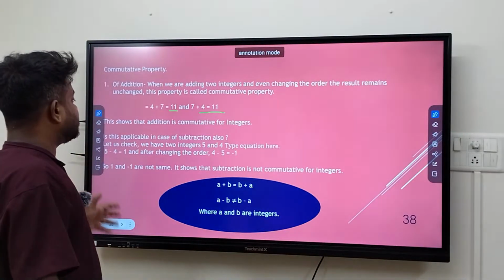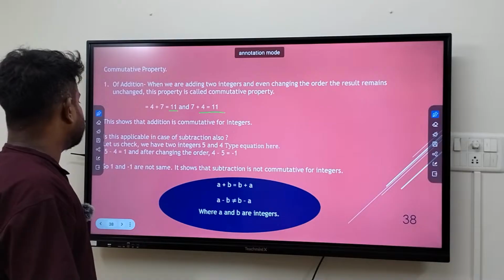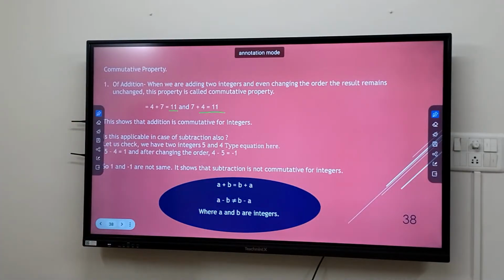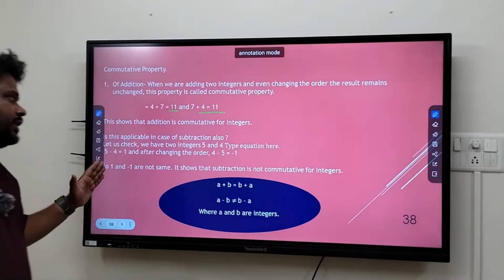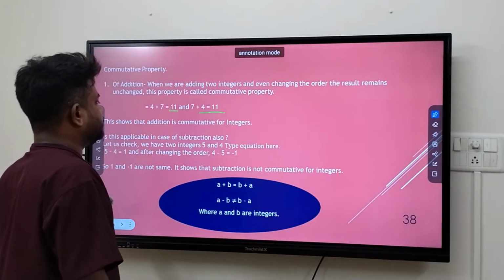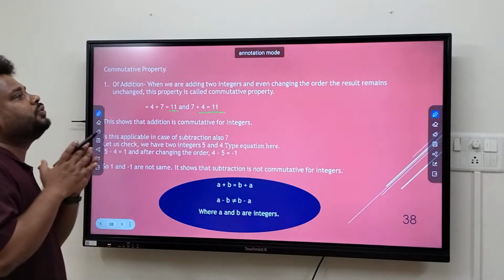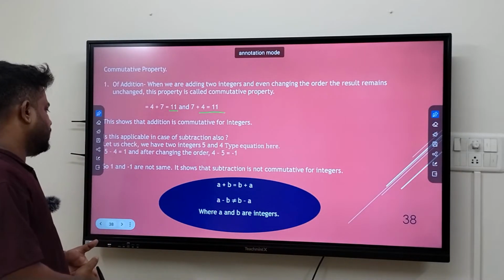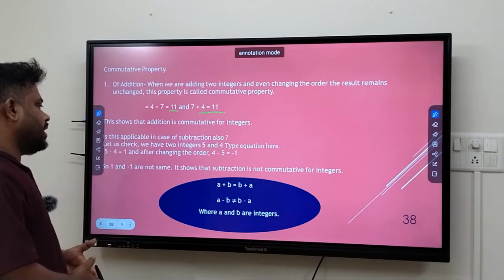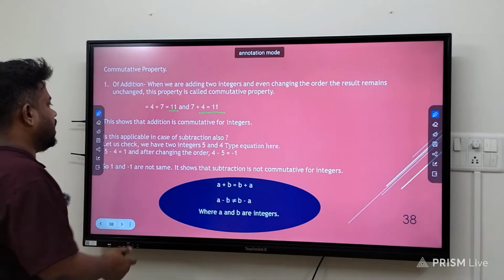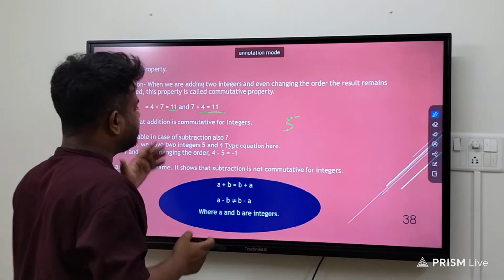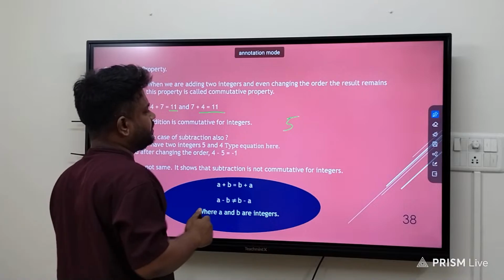Is this applicable in the case of subtraction also? Let us check. We have two integers, 5 and 4. The closure property holds for addition and subtraction as well, but commutative doesn't.